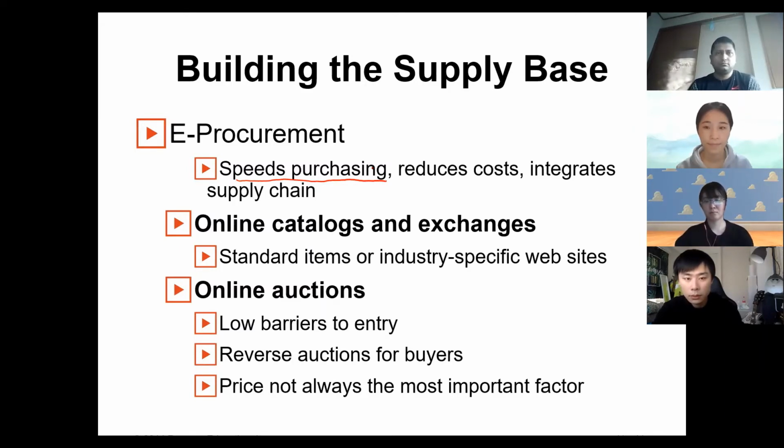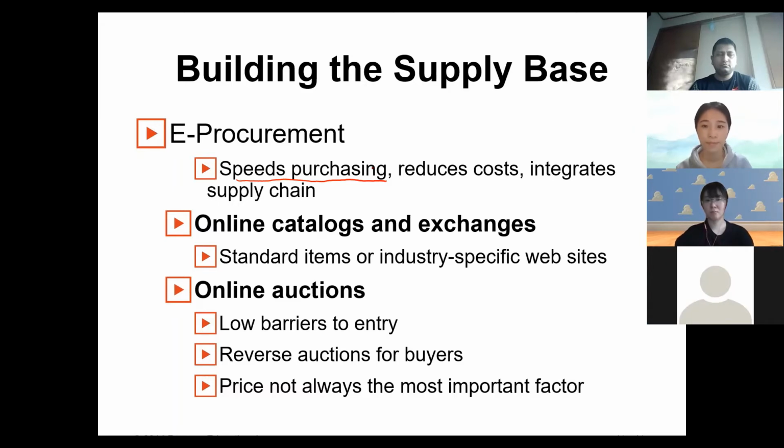Currently, you have to issue a purchase requisition, PR, and then a purchase order, and send the order to the seller. Okay, so this takes a longer time. So by using e-procurement, it is also centralized, but it is electronic based. You will definitely reduce costs and you are able to integrate your supply chain.